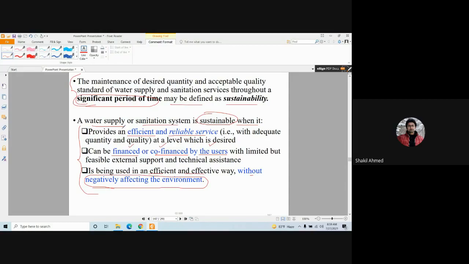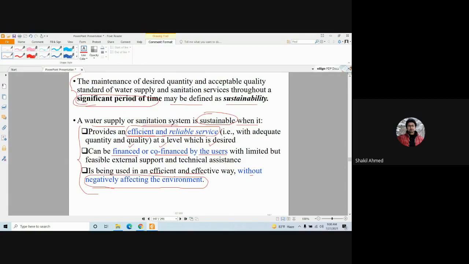Guys, if a service is efficient and reliable, would you be motivated to use it or not? If the service meets your expectation and desire, would you be motivated to use the service or not?